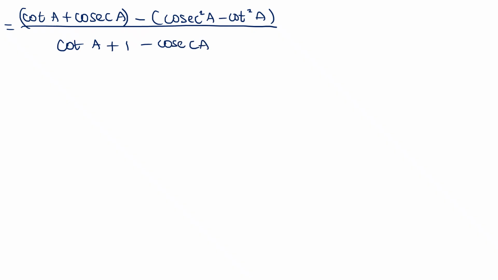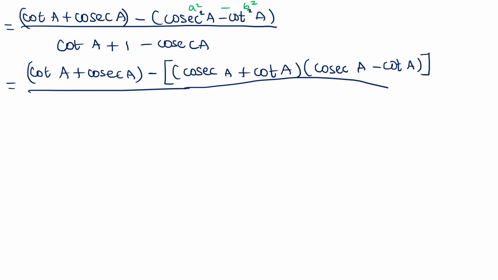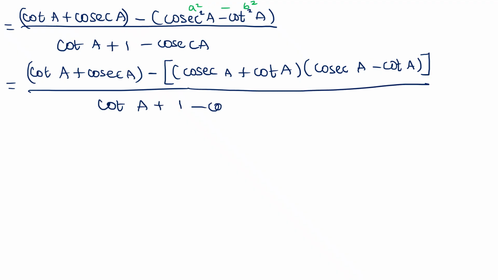Then in this place again we are using a square minus b square. a is cosecant A, b is cot A. So now you will get cot A plus cosecant A, that minus, inside your bracket, cosecant A plus cot A into cosecant A minus cot A, that whole divided by cot A plus 1 minus cosecant A. Now look carefully, you have cot A plus cosecant A and cot A plus cosecant A. These two terms you can take common outside.